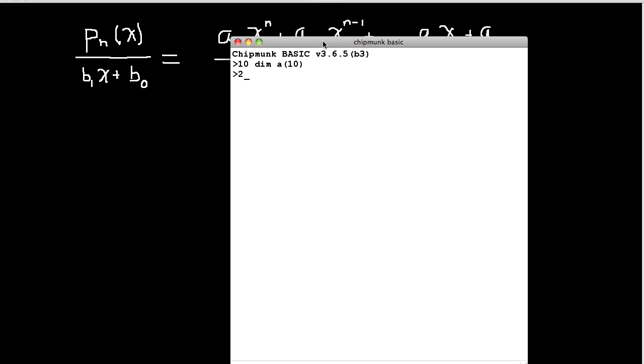I'll do statement 20, and I'll say input, open quotation, the degree of the numerator polynomial is, space, comma, n.